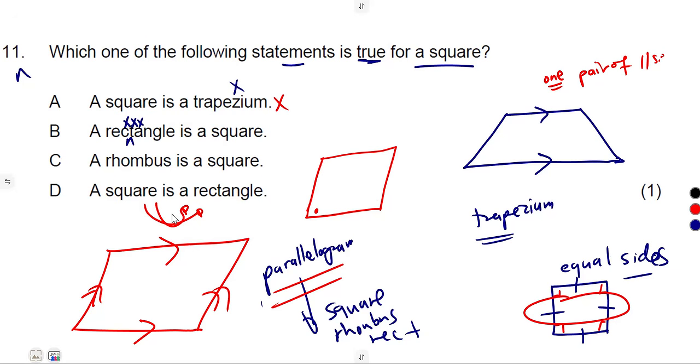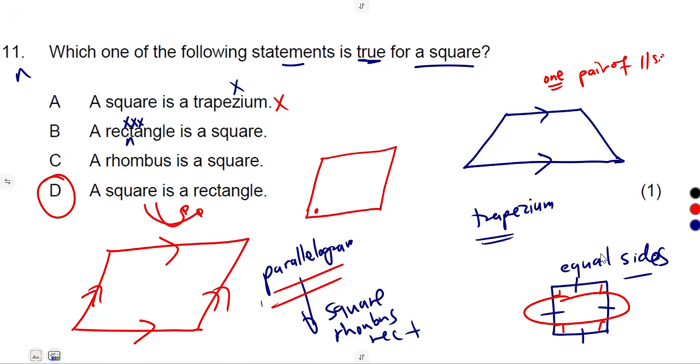So we can say it is a rectangle. But a rectangle is not a square. Please let's be careful on that one. All right. So it has all the properties of what, of a rectangle. So that is what we can have on 11. We can say the best answer there is D.